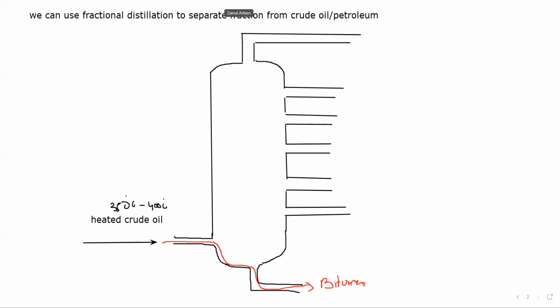But what happens to the remaining fractions? For example, we have fuel oil, diesel, paraffin or kerosene, naphtha, and then petrol or gasoline, and at the last, gases are there.